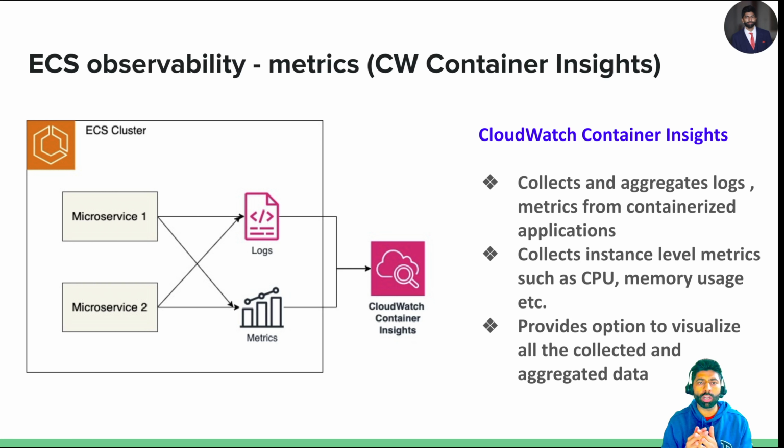You can use CloudWatch Container Insights to collect, aggregate, and summarize metrics and logs from your containerized applications and microservices. It collects the instance level metrics as well as CPU, network, memory usage, etc. And then you can visualize all this data on the CloudWatch dashboards.